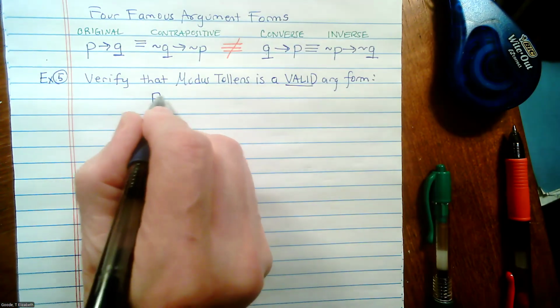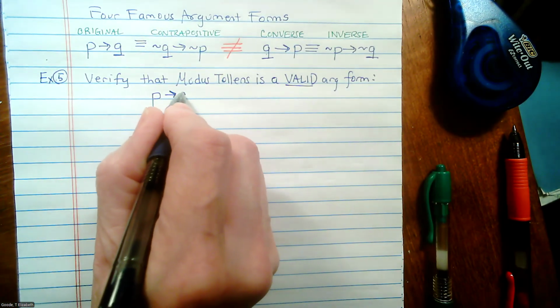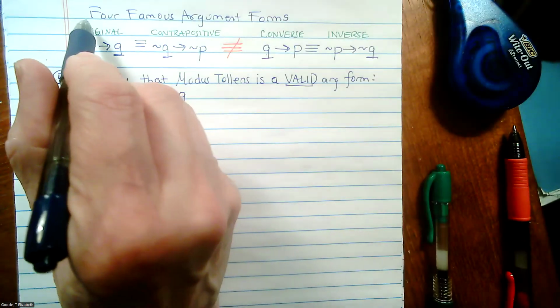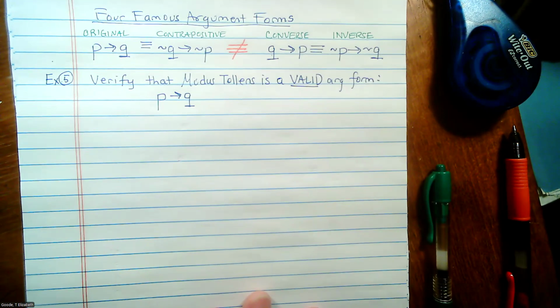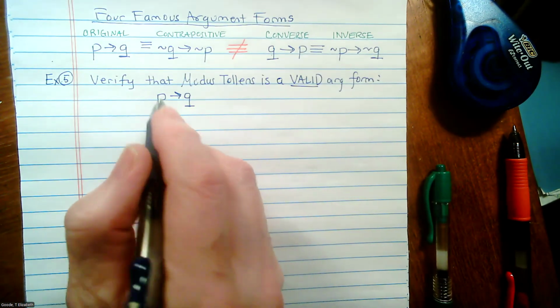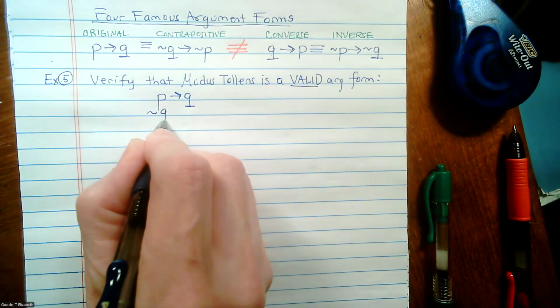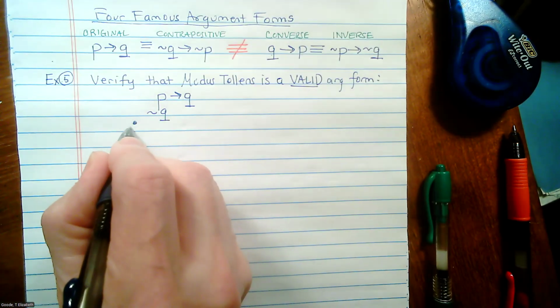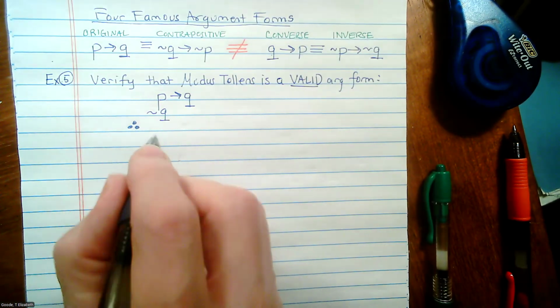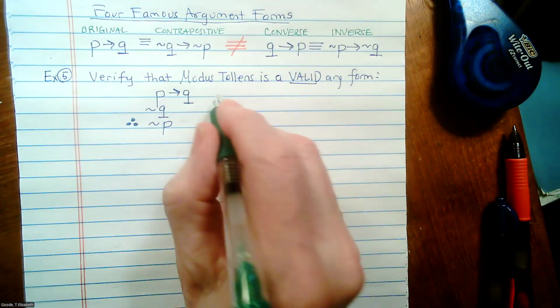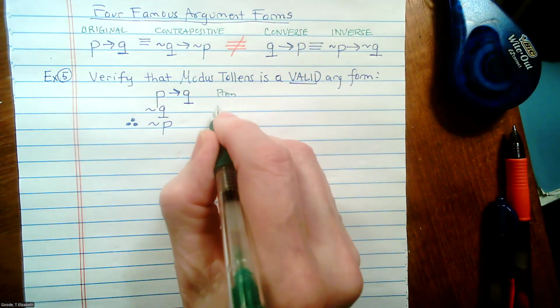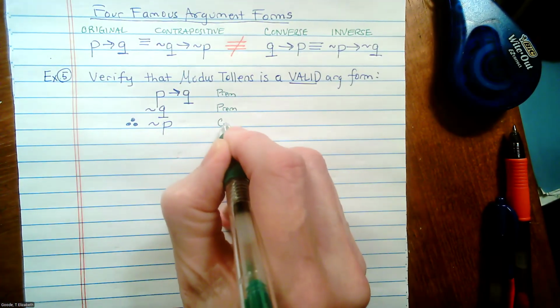These 4 famous ones all start with the very same first premise, if P then Q. The second premise of modus tollens is not Q. Therefore, the conclusion is not P. So here's a premise, here's a premise, here's the conclusion.